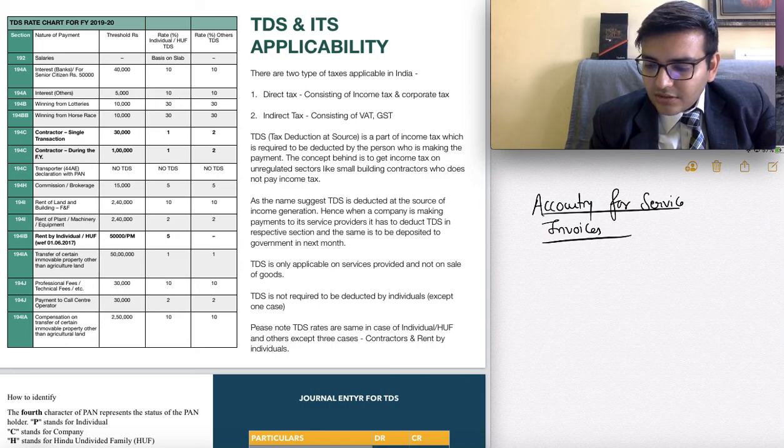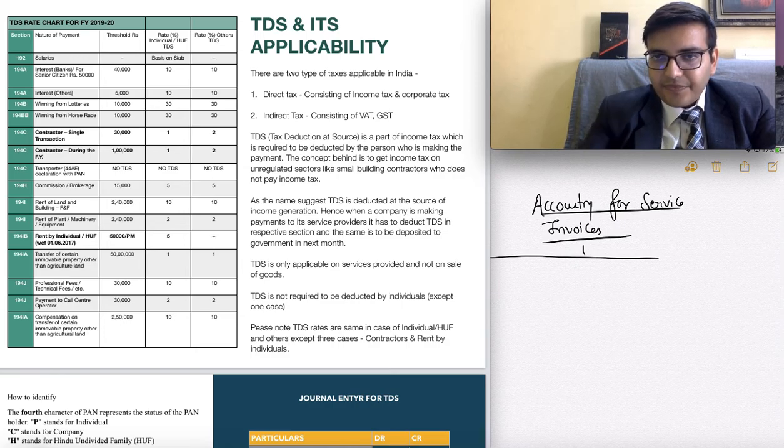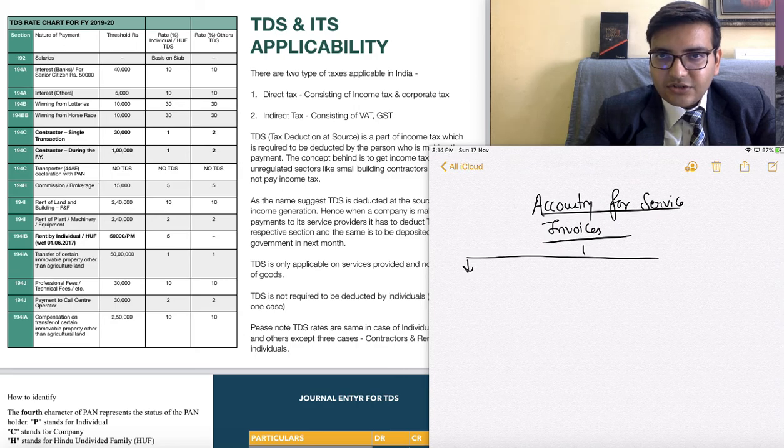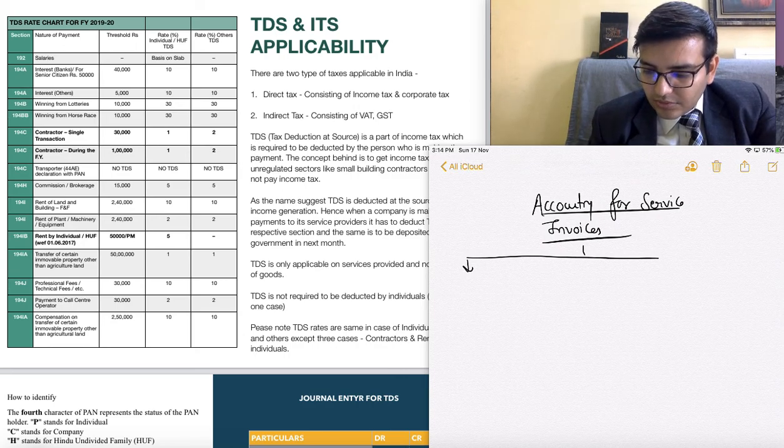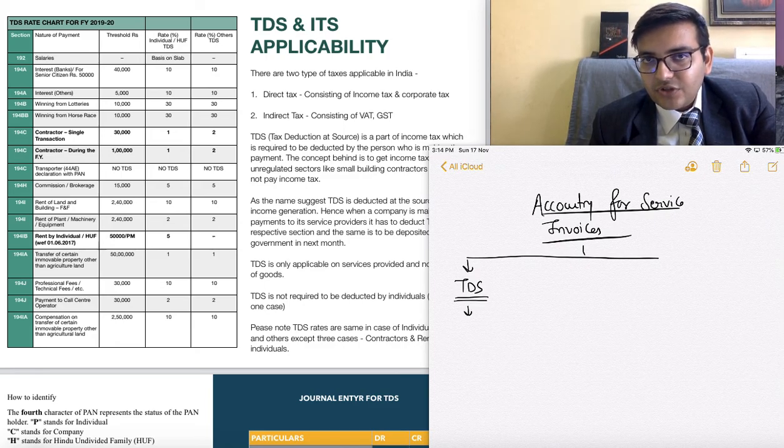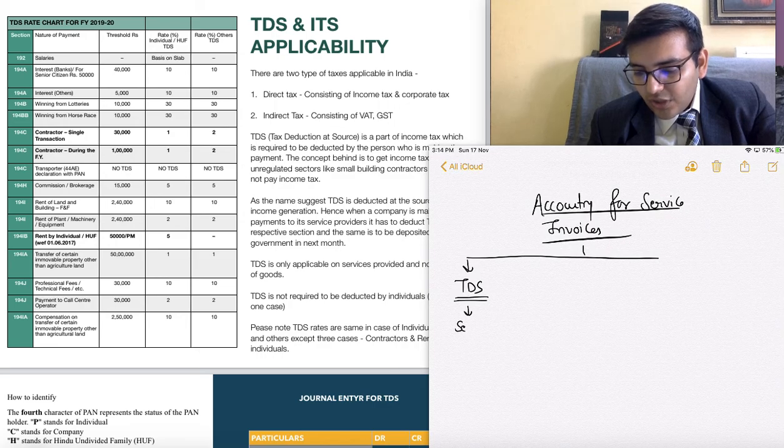So, what laws are applicable on accounting of these services? Let us discuss that. Okay, so one is TDS. TDS is only on purchase of service, only on services, not on goods. On goods we have discussed TCS. So, TDS is applicable, then GST is also applicable.